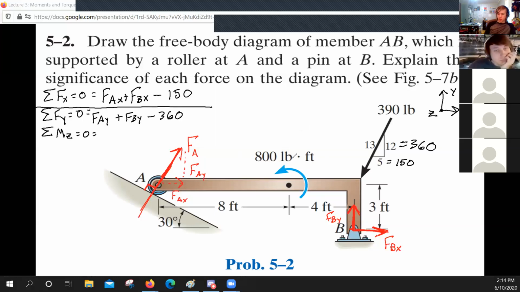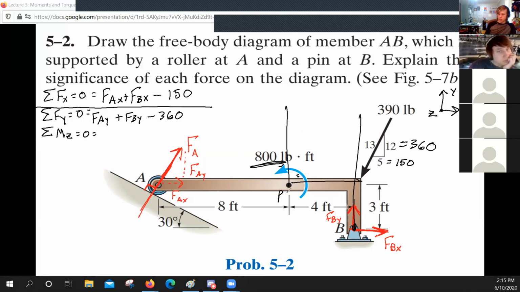And the way you split a moment up is you're defining a point, right? So you're saying P is here. And this moment is 800 pounds.